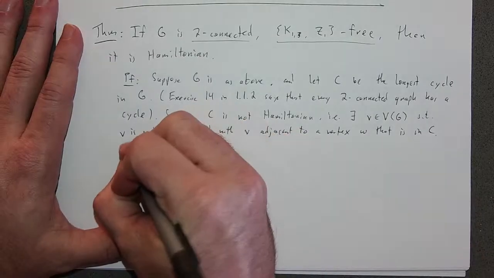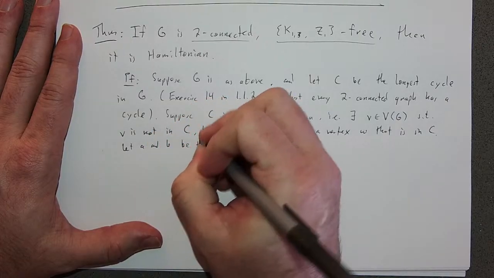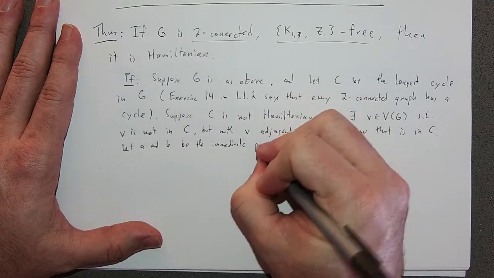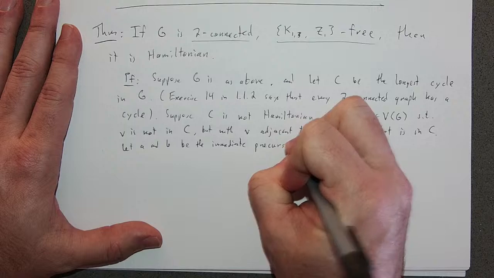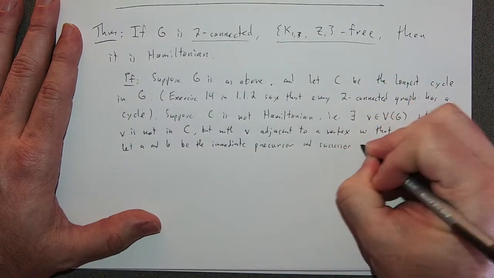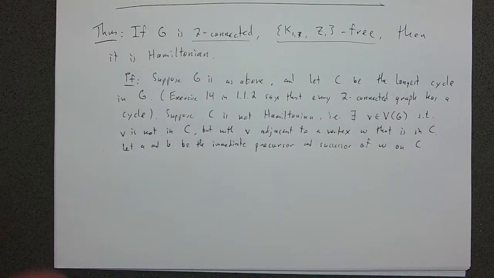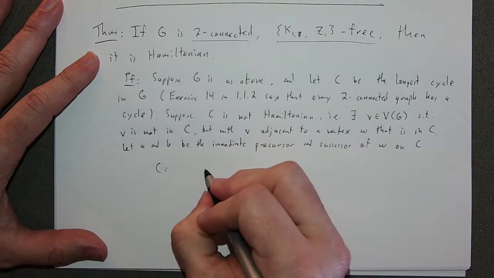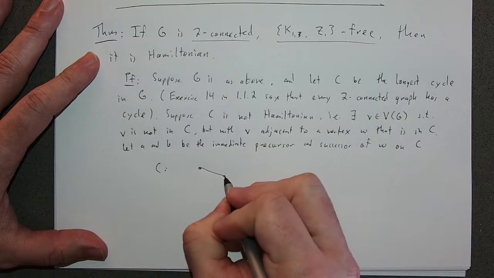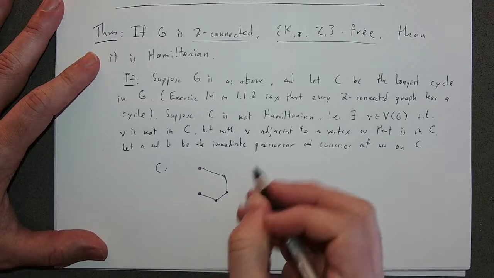Now, let A and B be the immediate precursor and successor of W on C. Meaning that the cycle C looks like this, right? Whatever it looks like. Right, here's a representation.